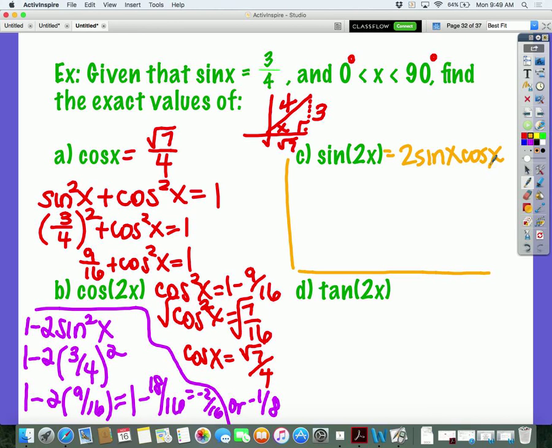We already know what sine is, so we're going to plug that in. And we found what cosine is. Now, on problems like this, you definitely want to make sure that you found the right cosine, okay? So we double check. We did 2 different ways, got the same answer, so we're pretty good. And we'll plug in square root of 7 over 4. And then we just multiply.